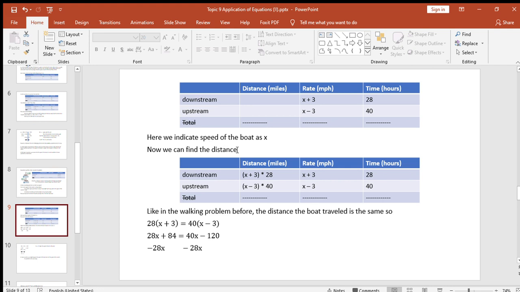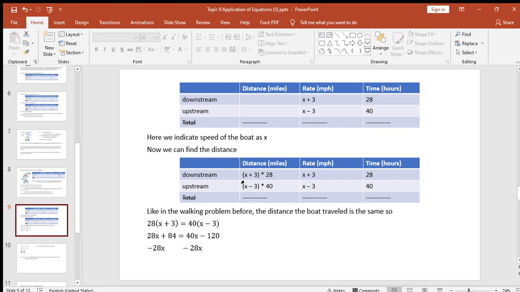Now we can find the distance. So how do we find the distance? It's going to be rate times time, which is shown as this part of the chart. Now, like the school problem, they're traveling the same stream, okay? They're not going to another stream and then traveling that stream. They're traveling the same distance, right?